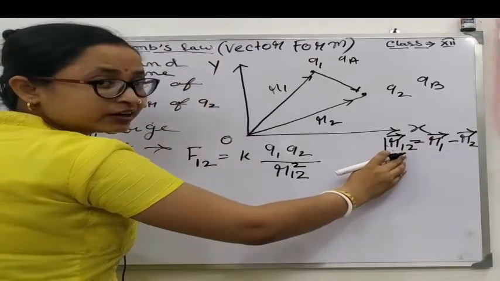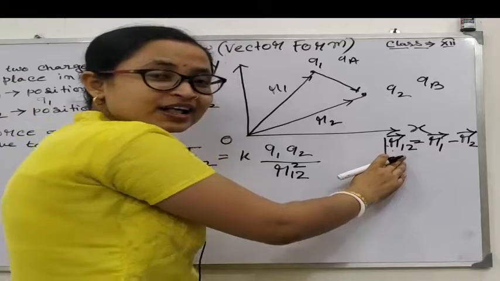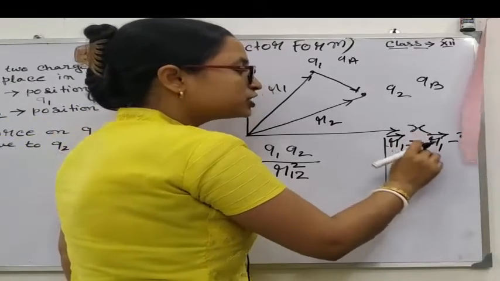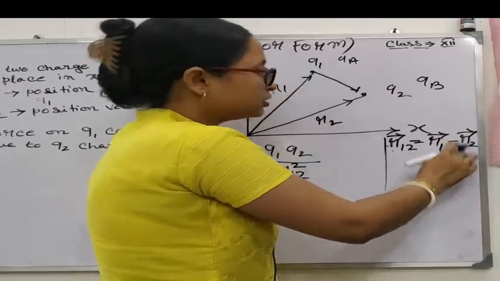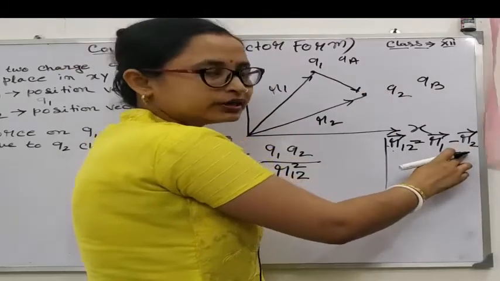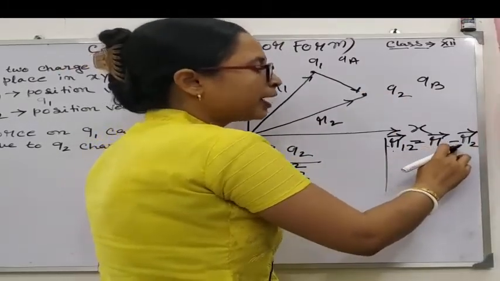R1 is the position vector of charge 1, that's why this charge's position vector is first, and you have to subtract the position vector of charge 2. Clear? R12 means R1 minus R2.